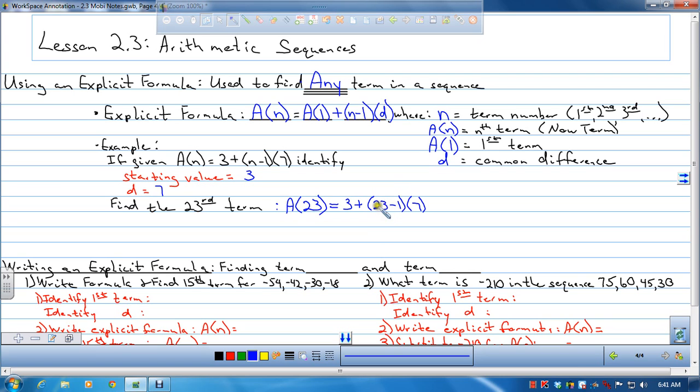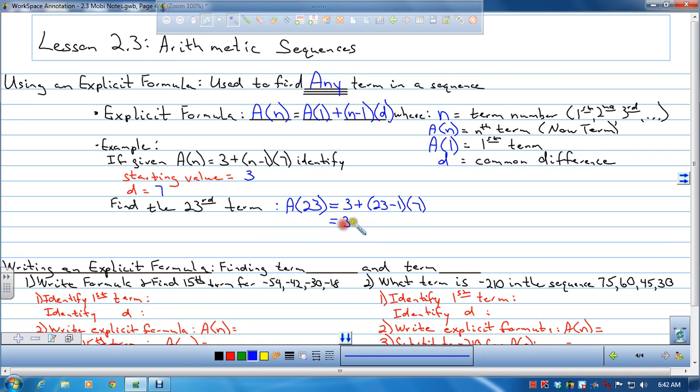Well, we know that repeated addition is the same thing as multiplication, right? So remember, in math, you can never forget anything. Everything builds on itself. So this repeated addition, instead of adding 7 22 times, I'm simply going to take 22 times 7 and take a little shortcut here.